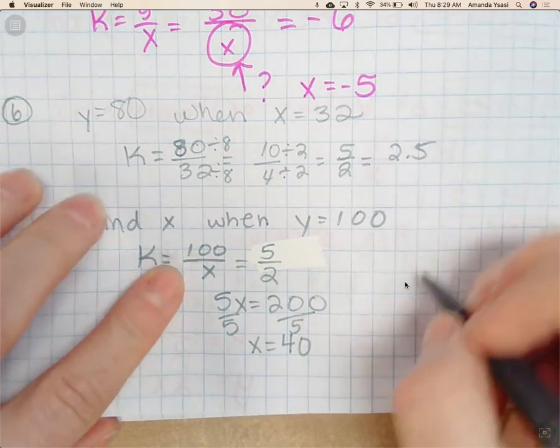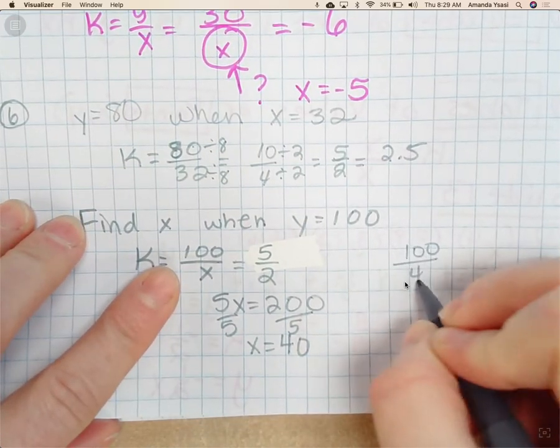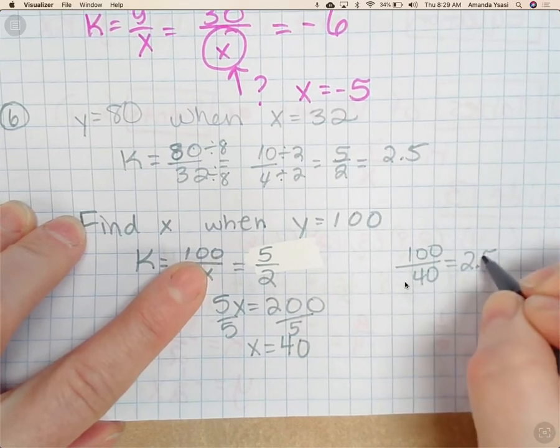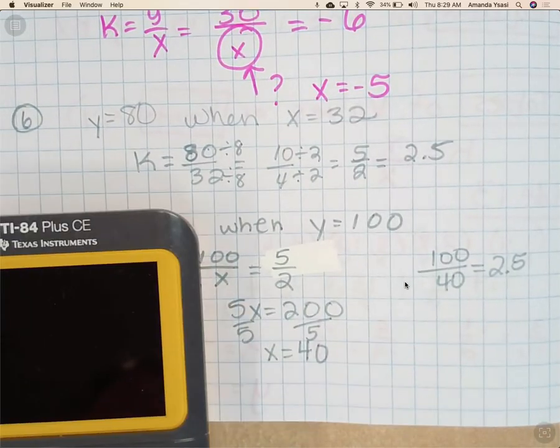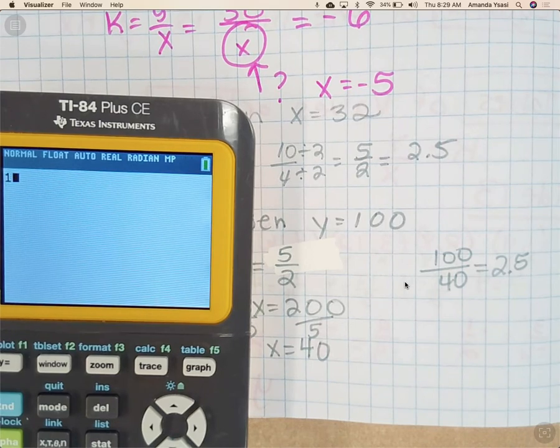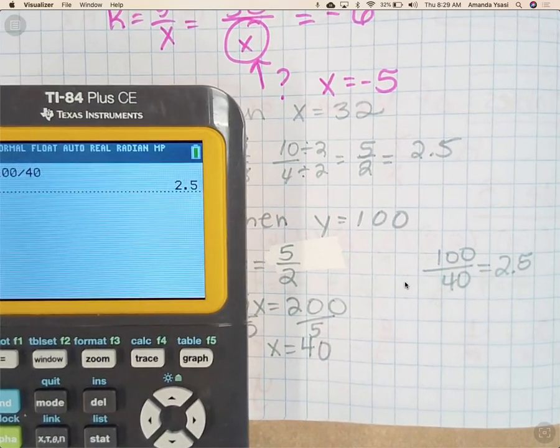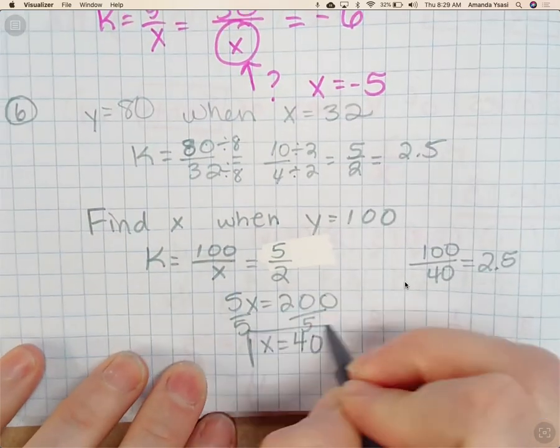So just to double check, do 100 divided by 40 and see if that equals 5/2, or really 2.5, right? Because I want to look at it both ways. If I do 100 divided by 40, I get 2.5. So that's what I wanted. So x equals 40.